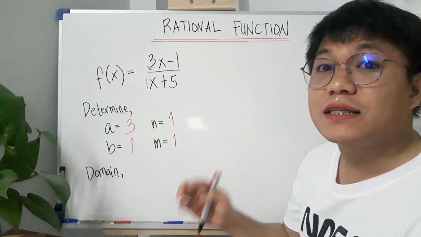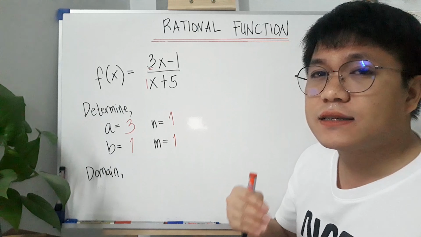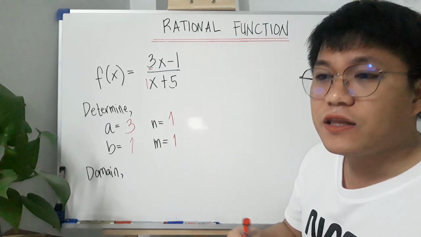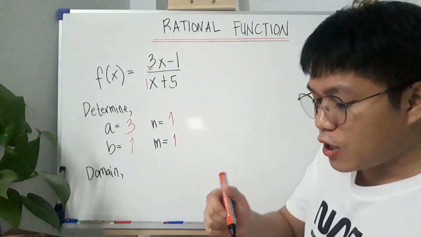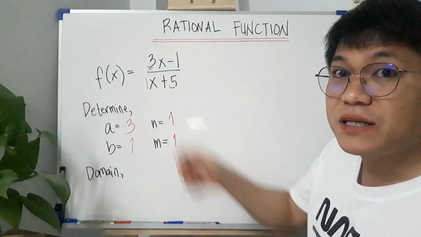Okay, how about the domain of this function? Now, we all know in the previous video, I already taught you how to get the domain of the different functions, including the rational function. To get the domain of the rational function, just simply set the denominator equal to 0, which means x plus 5 is equal to 0.